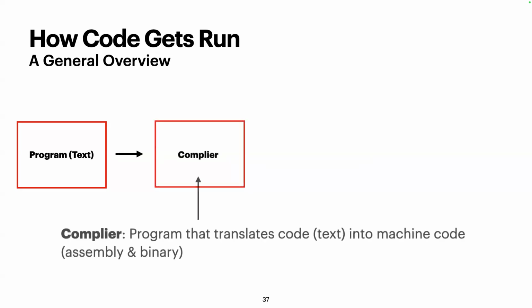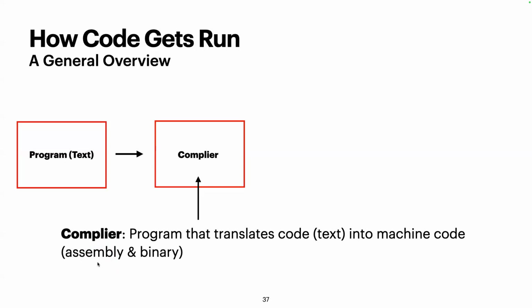And then the computer takes this program, or the code that you've written, and inputs it into a program called a compiler. A compiler is a program that translates your code, which is your text files, into machine code. So what this means is that it translates your code, which is all just characters, into something called assembly, which is a really low level form of a language that a CPU can understand.